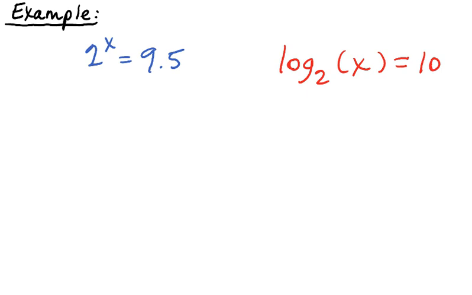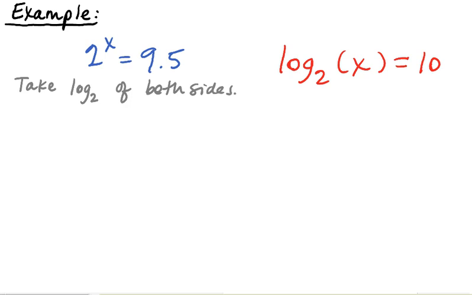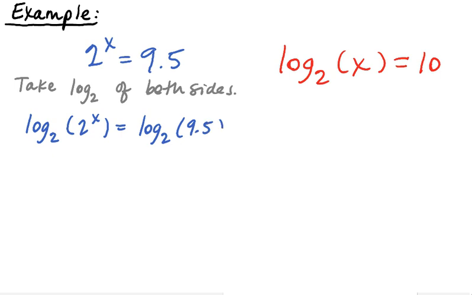So I'm going to take the log with base 2 of both sides: log base 2 of 2 to the x is equal to the log with base 2 and argument 9.5.